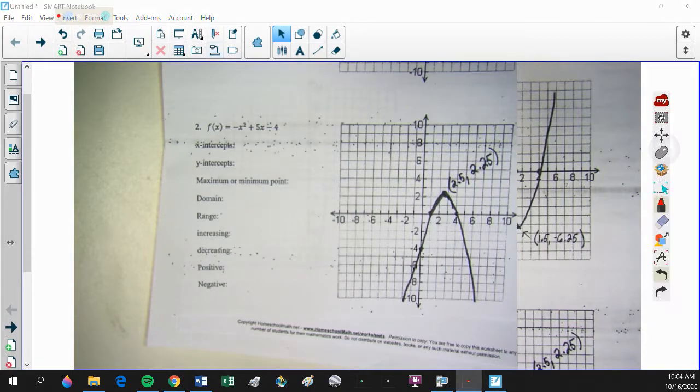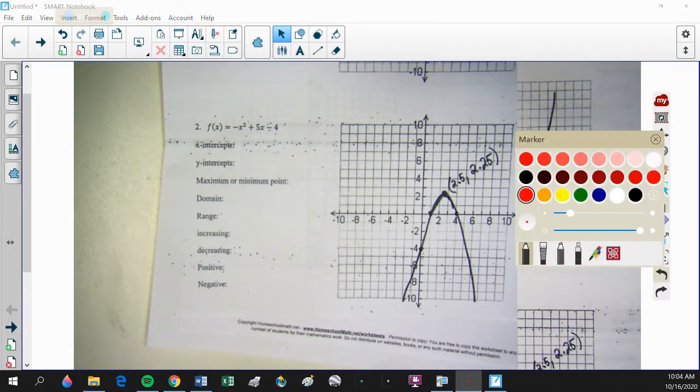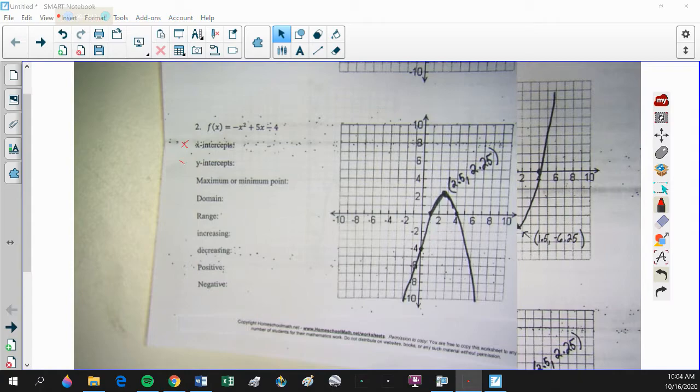Okay, and maybe it's a good idea for you to remind yourself: x, y, x comma y, x, y, x, x, x. The only y values are the y-intercept, the y portion of the maximum or minimum, and the range. Everything else is x-axis. Okay.